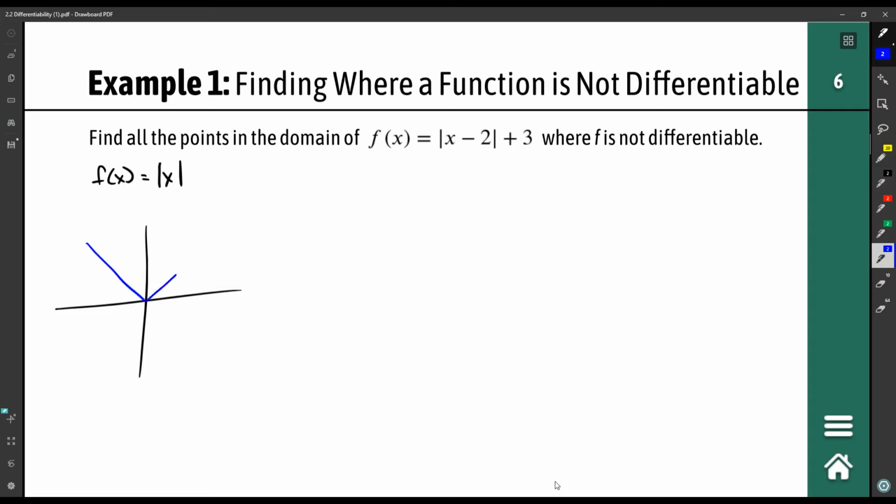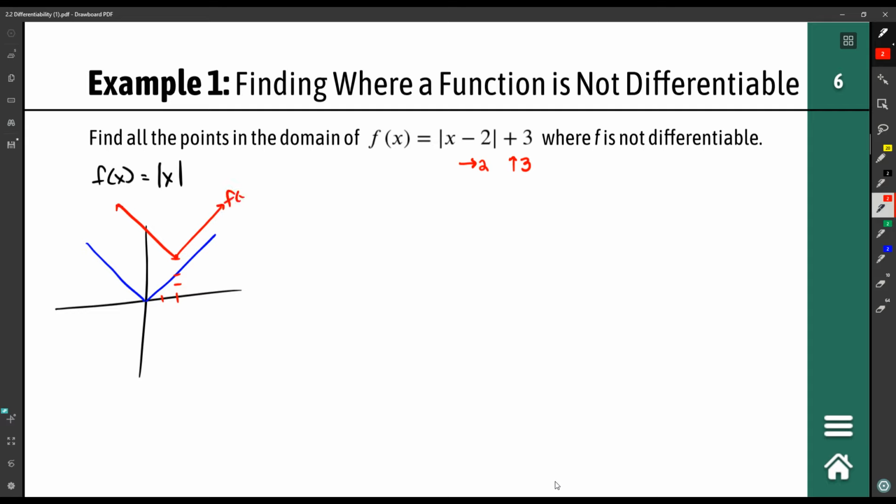So here is a nice y-x graph. Here is the absolute value of x, but this function has been transformed. Minus 2 on the inside of the function is going to take us right 2 spaces. Plus 3 on the outside of the function is going to take us up 3. So this graph has been translated to the right 2 spaces and then up 1, 2, 3 spaces. So here is the resulting function.